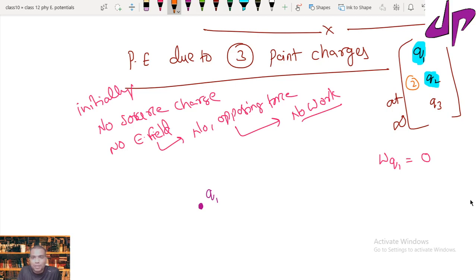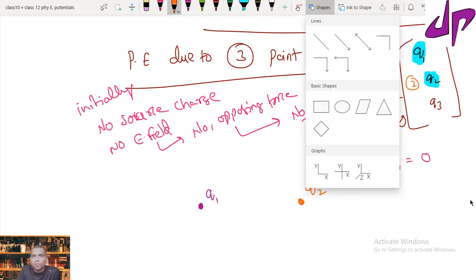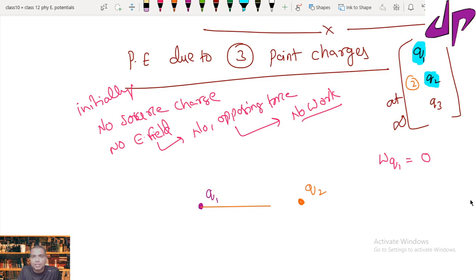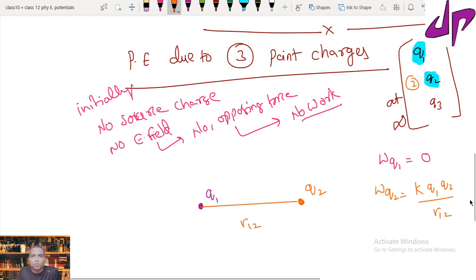Now I bring charge q2 to a location within the electric field of q1, at a distance of r12. The work done to bring charge q2 this time equals K q1 q2 upon r12, because q1 starts to oppose.